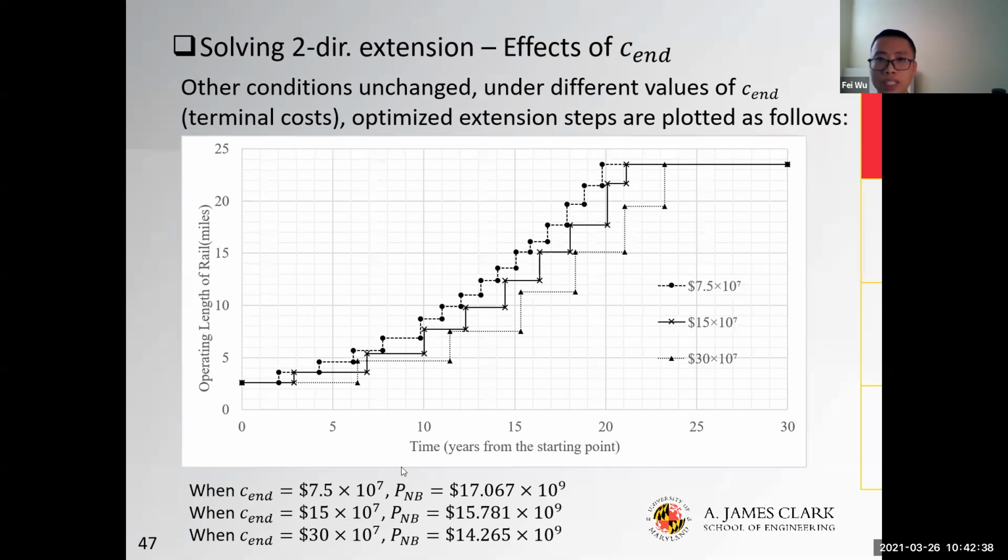We also examined the effect of terminal cost on the optimized extension plan for two directions. As is shown clearly, with a higher terminal cost, there are more stations to be completed in groups, and there are fewer extension steps throughout the analysis period.